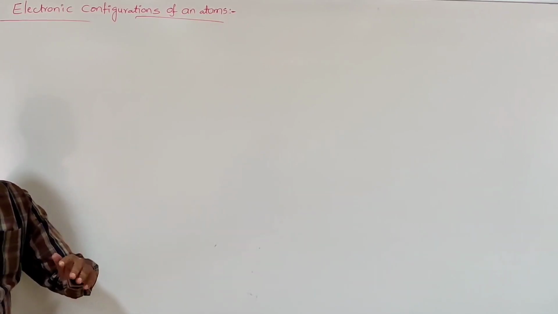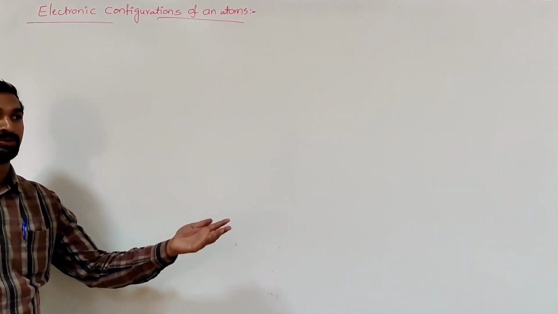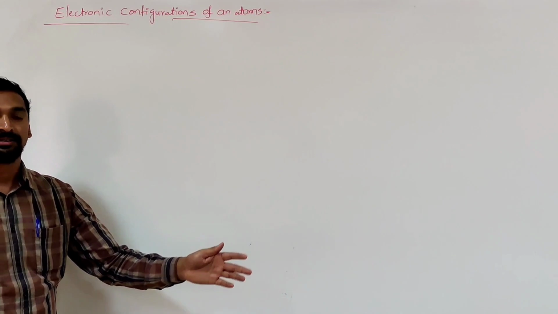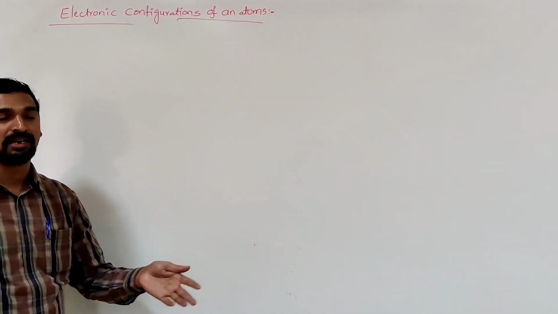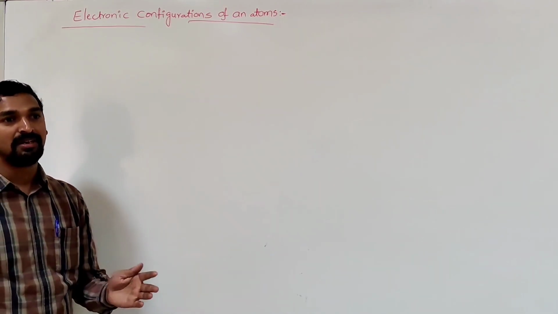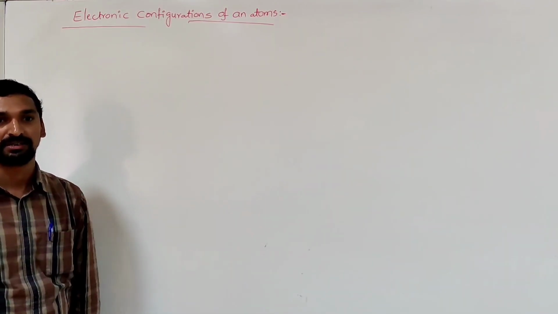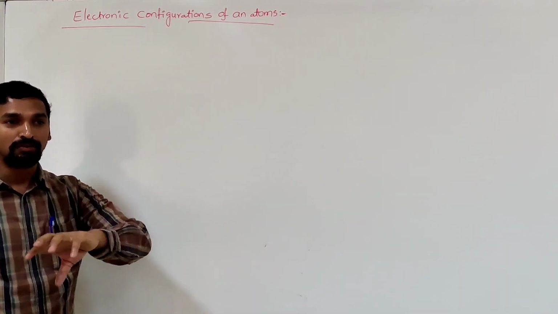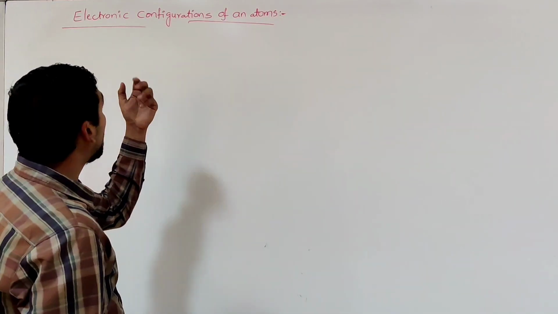In atoms, one electron is present in some, two in others, three in others, like that. As the number of electrons increases, the atom name also changes, as well as the number of atomic orbitals. So how do we fill these electrons in atoms?